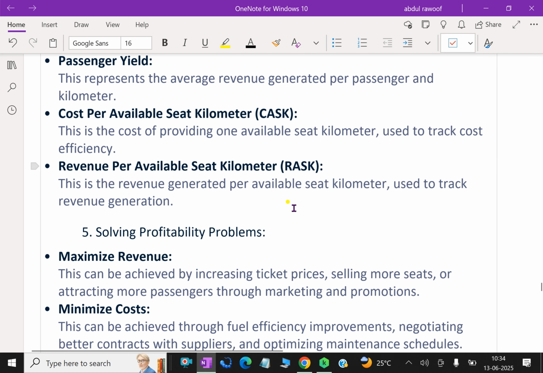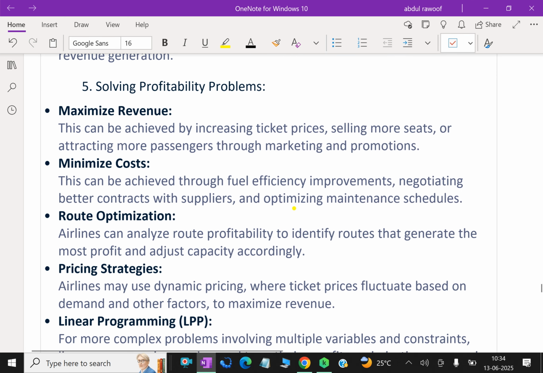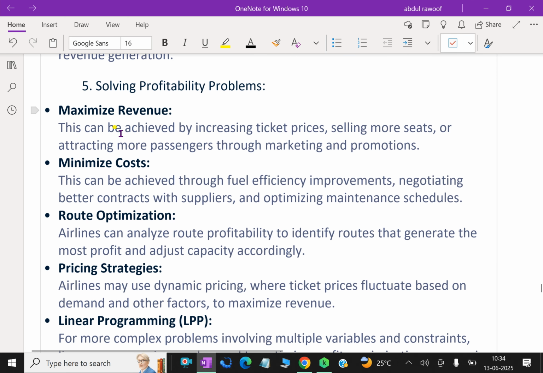Solving profitability problems. For example, look at this. Maximize revenue. How to maximize the revenue? This can be achieved by increasing ticket prices, selling more seats, or attracting more passengers through marketing and promotions. Minimize the cost. This can be achieved through fuel efficiency improvements, negotiating better contracts with suppliers, and optimizing maintenance schedules.